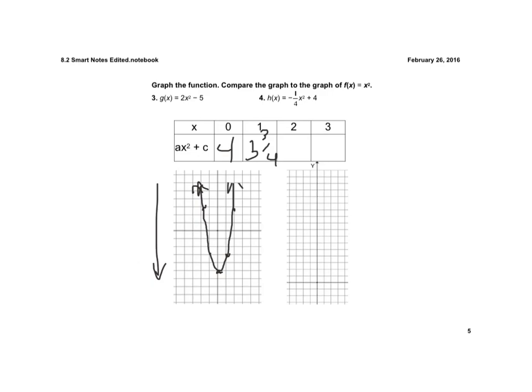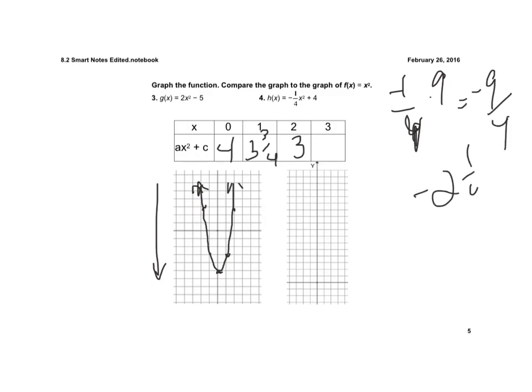A negative 1/4 times 4 is a negative 1. A negative 1 plus 4 would be 3. 3 squared is 9. 9 times negative 1/4. So negative 1/4 times 9 is a negative 9/4, which is actually negative 2 1/4. Plus 4 would be 1 3/4.